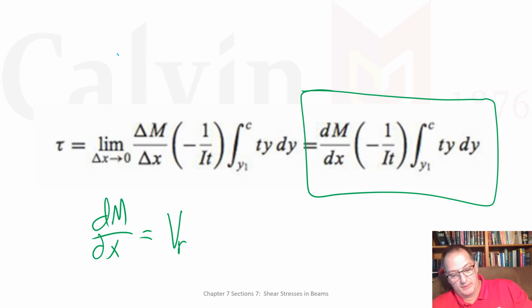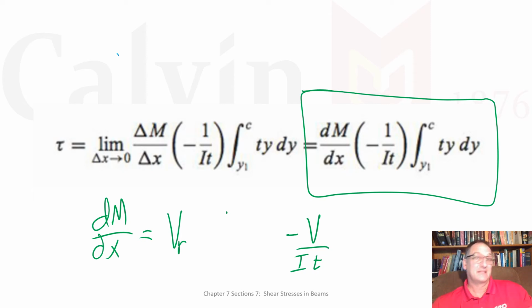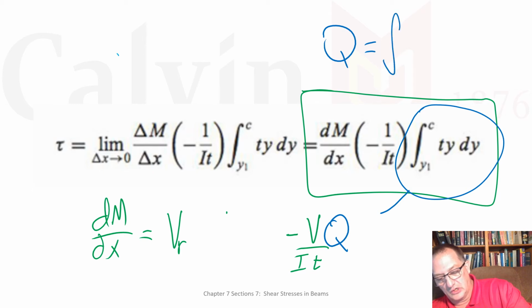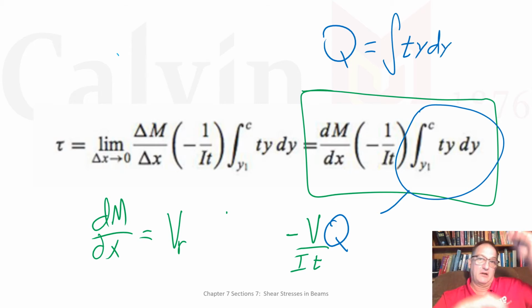So this becomes minus V over It, and then I've got this other term here, where, again, more calculus, we define this geometry term as Q. Q is equal to the integral of the thickness times the height from the neutral axis dy. I have to integrate that.